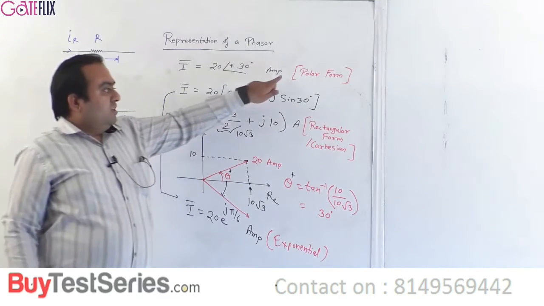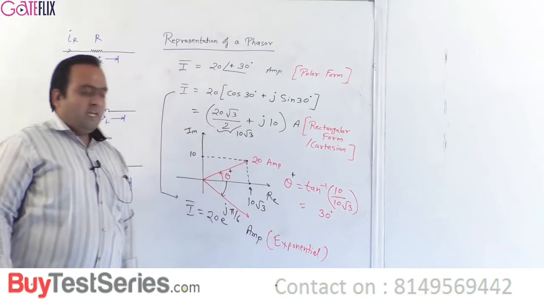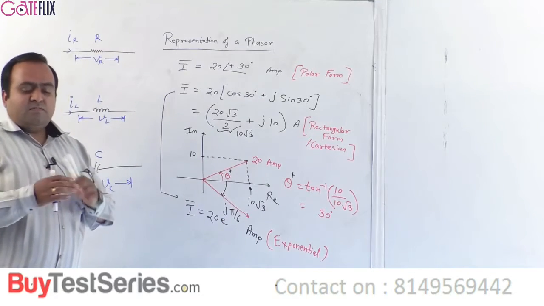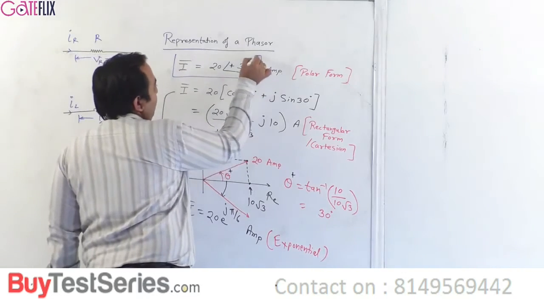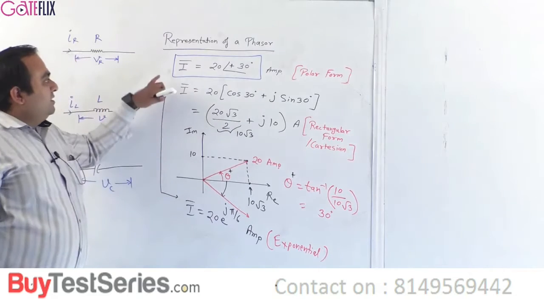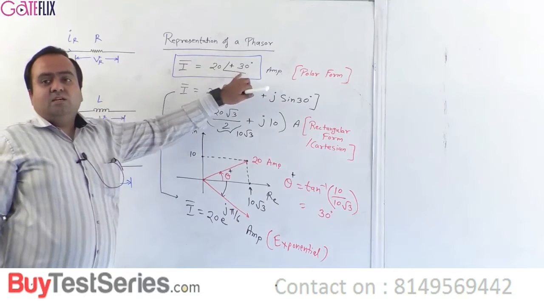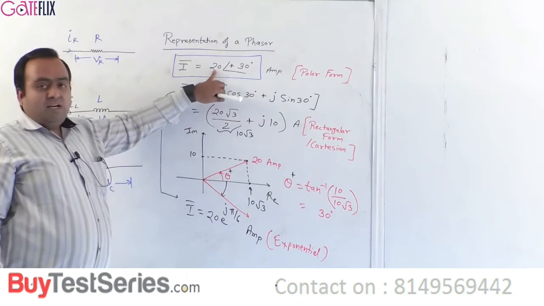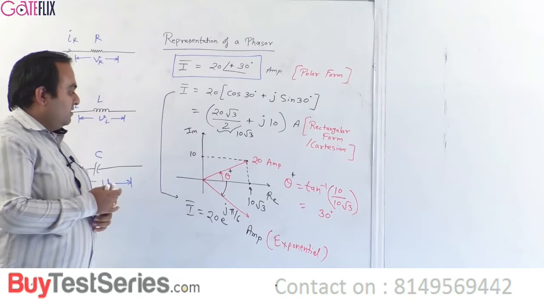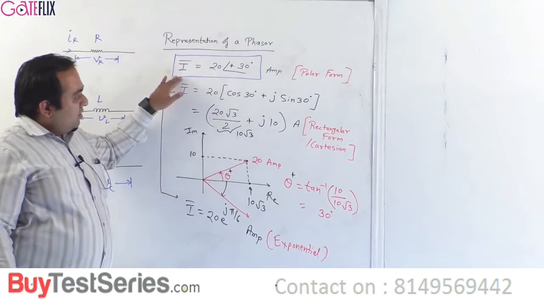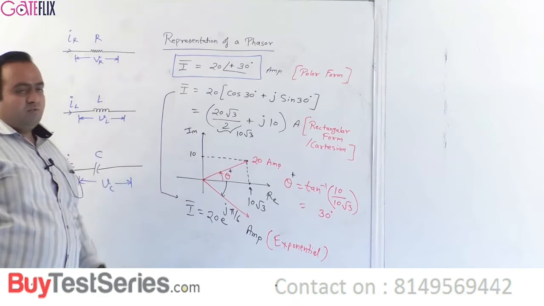So either we can choose the polar form, or the Cartesian form, or the exponential form. Without loss of generality, in the problems to come, we shall always prefer this particular form of representation, because this gives us clear information as to what is the magnitude and what is the phase. How much is the magnitude of the current, and by what angle will it lag or lead the reference phasor.